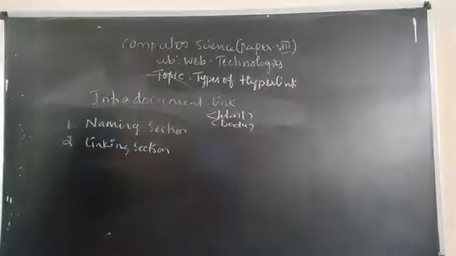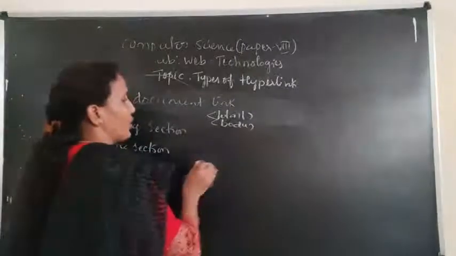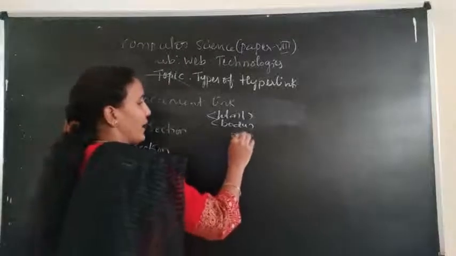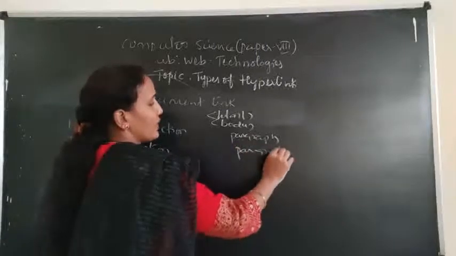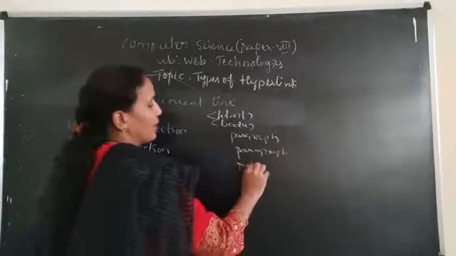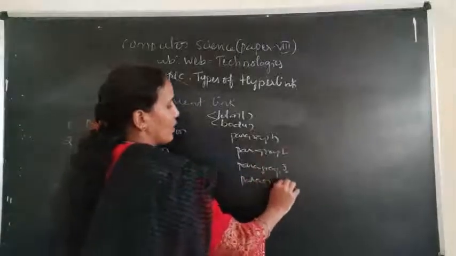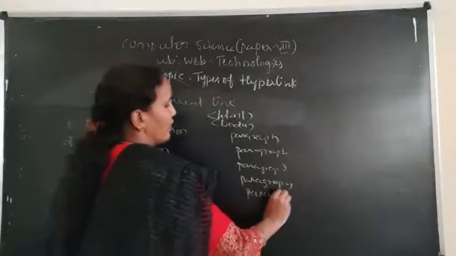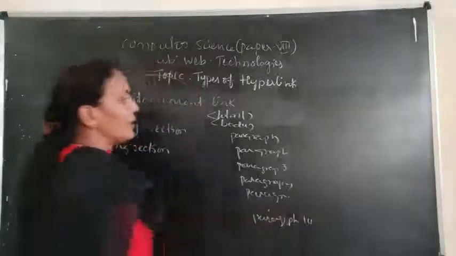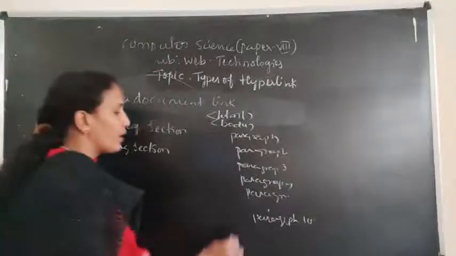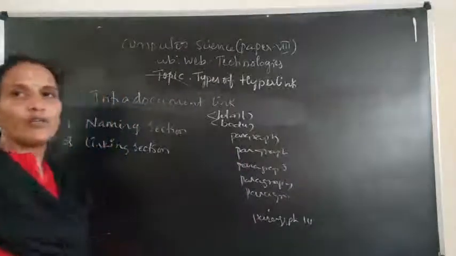In the body section, we have 10 paragraphs: paragraph 1, paragraph 2, paragraph 3, paragraph 4, paragraph 5, up to paragraph 10. 10 paragraphs we have.